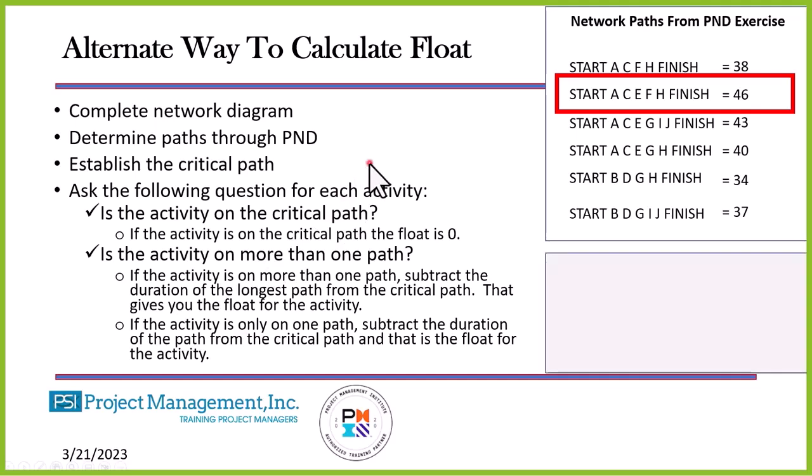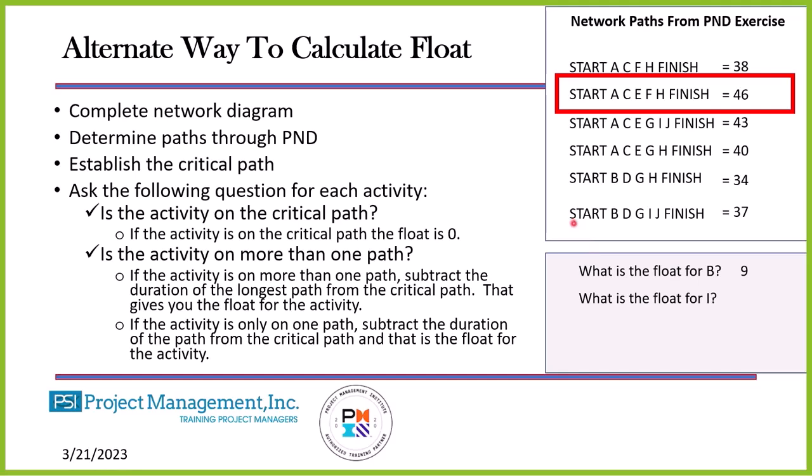Let's try that. What is the float for B? Is B on the critical path? No. Is B on more than one path? Yes. What is the longest path? 37. 37 from 46 gives us a float of 9 for B.